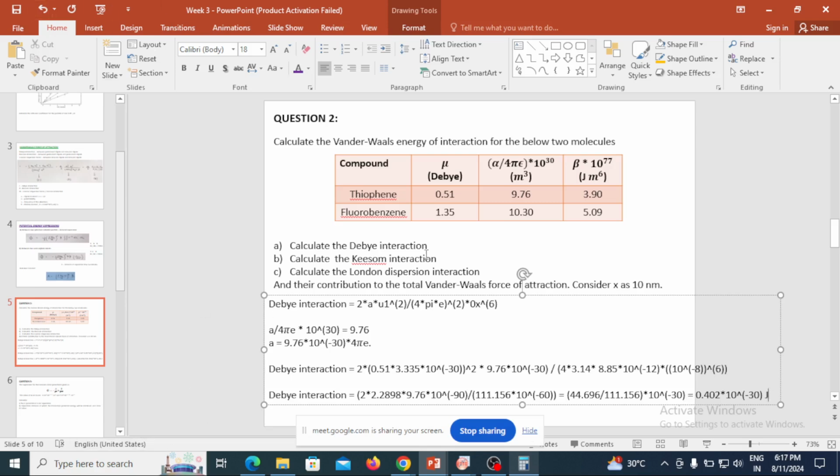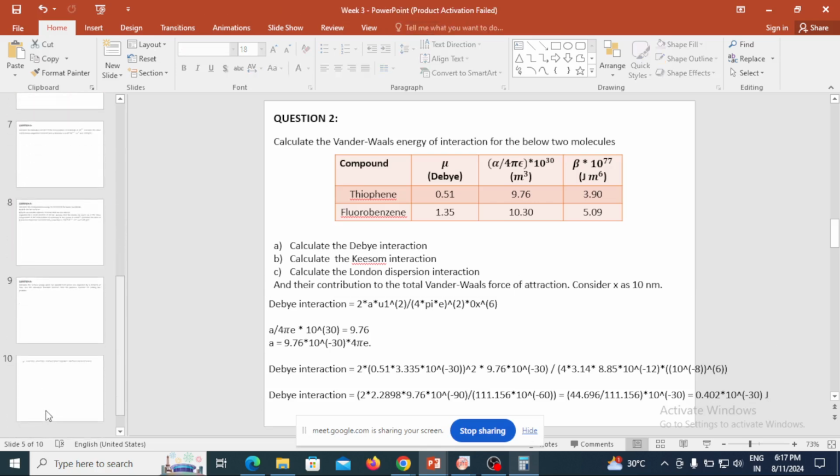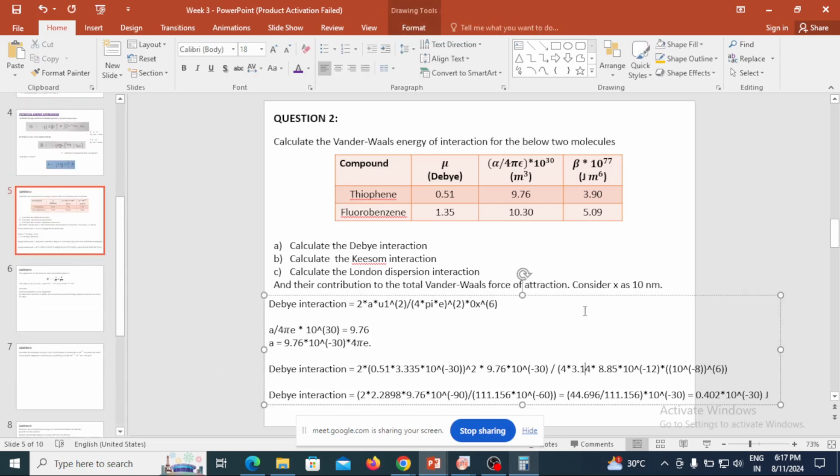So let's do that. I'll do it for the thiophene molecule; you can do the fluorobenzene molecule as a home task, because since this involves a lot of calculation, if we do both molecules today, we won't be able to cover the rest of the problems.